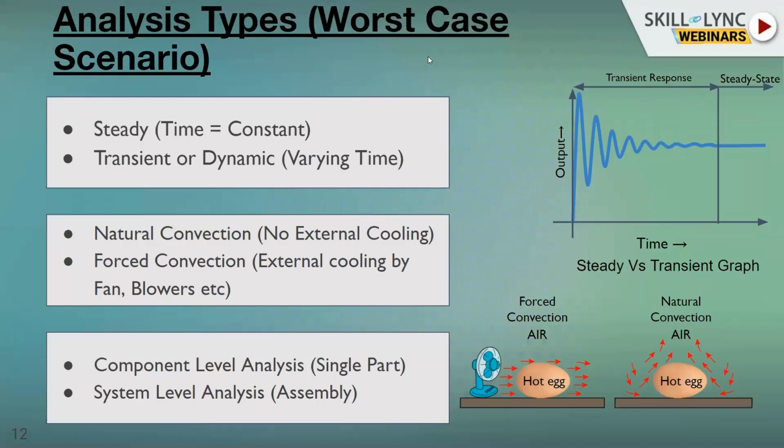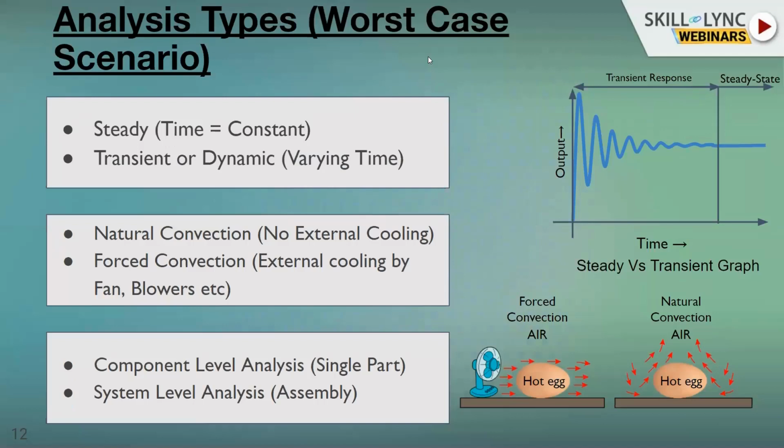Steady state means time is constant; transient or dynamic means time varies. If I want to analyze for 10 minutes, that is transient. If I say I don't care about time, I just want to analyze a model, that is steady state.